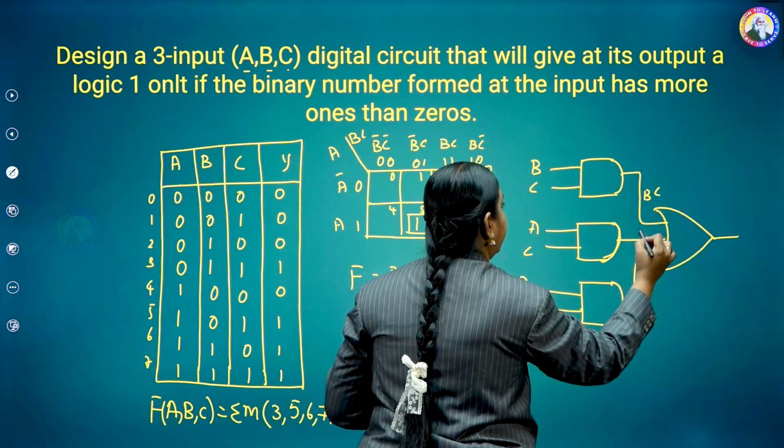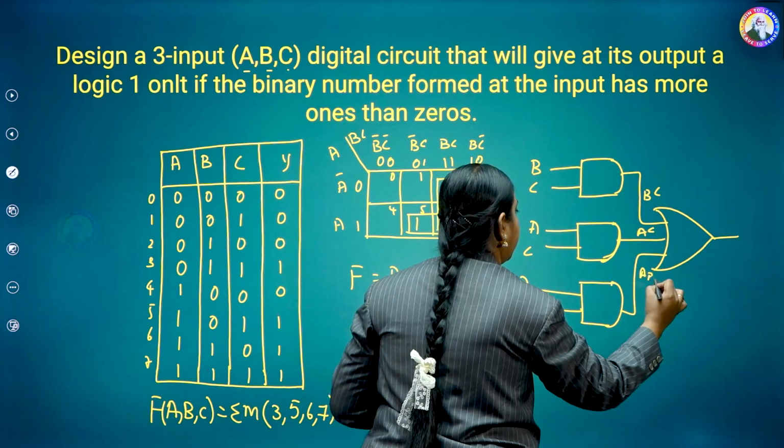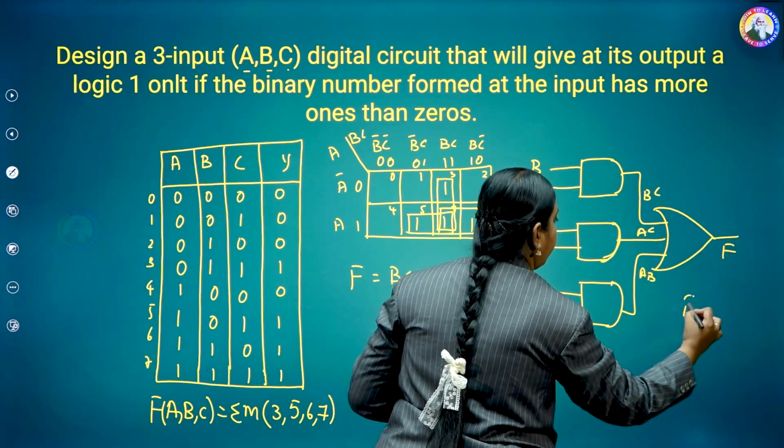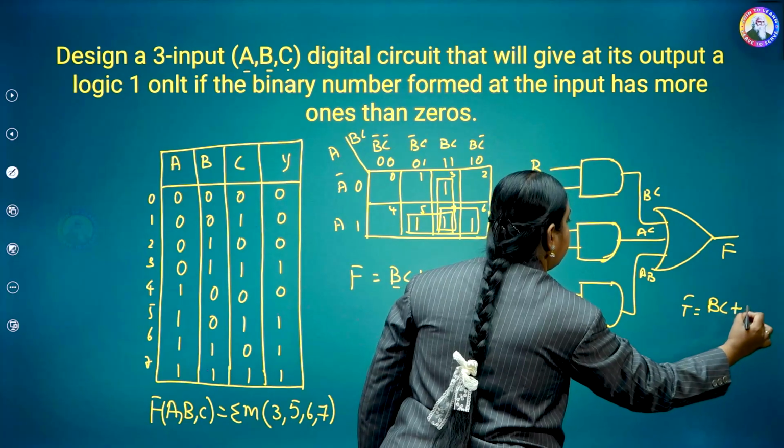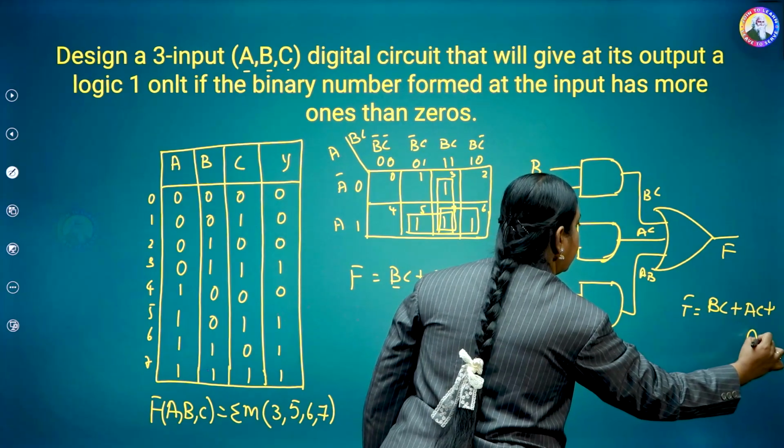So BC, AC, AB. So this is your F. So F is equal to BC plus AC plus AB.